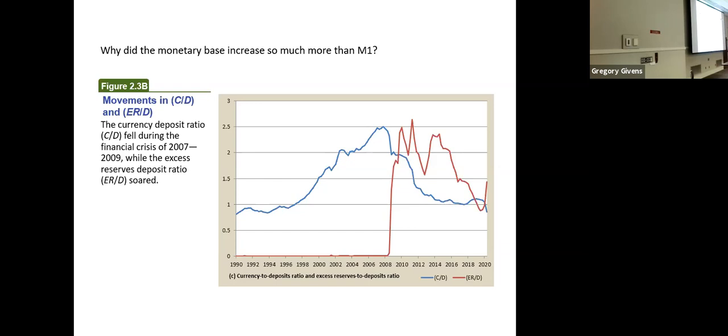But around 2006, the currency deposit ratio began to fall and continued to fall throughout the financial crisis and the recession. Now, let's go back to our thinking about how currency and the money multiplier are related. If the currency to deposit ratio was falling, what would you expect to happen to the money multiplier?